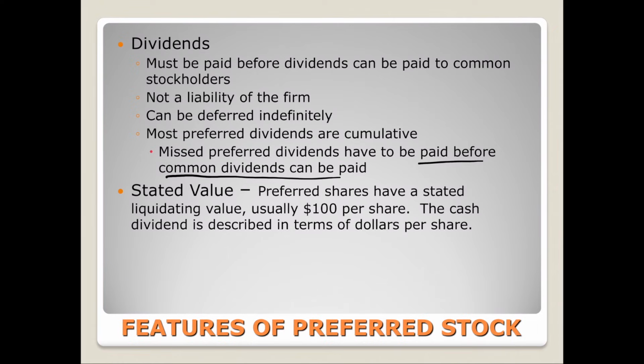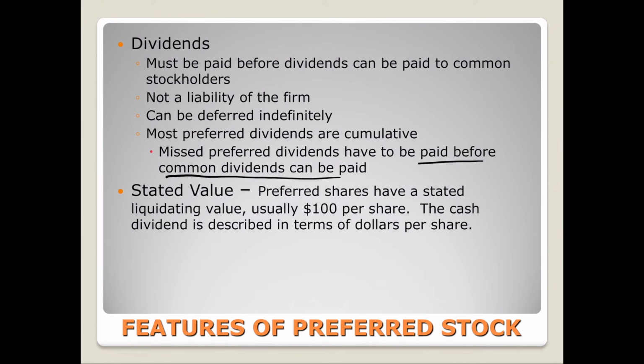So if preferred dividends are deferred, then common stockholders must also defer dividends. And if they are cumulative, the sum of the dividends needs to be paid to the preferred shareholders before common stockholders can receive any dividends.